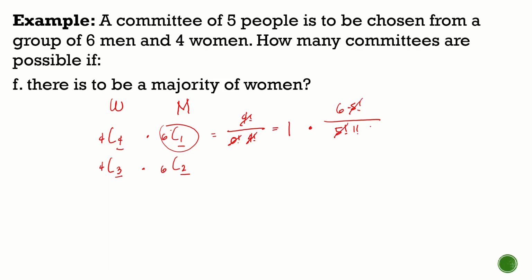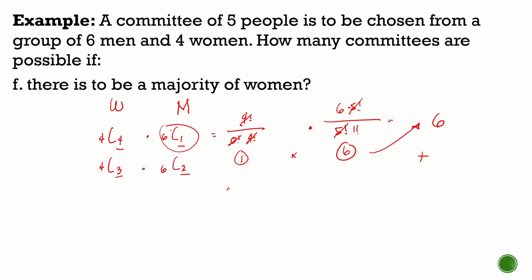Cancel this. 1 factorial is 1, so that means this is equal to 6. So this is 1 times 6, which is equal to 6, plus, let's answer the second one.